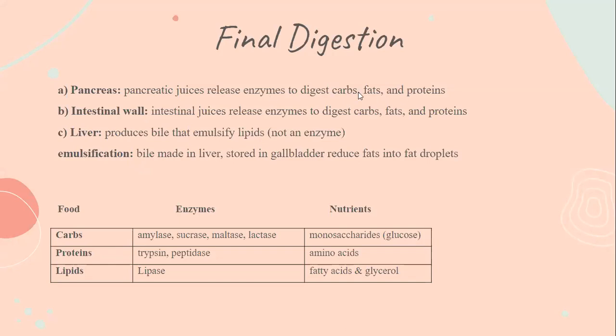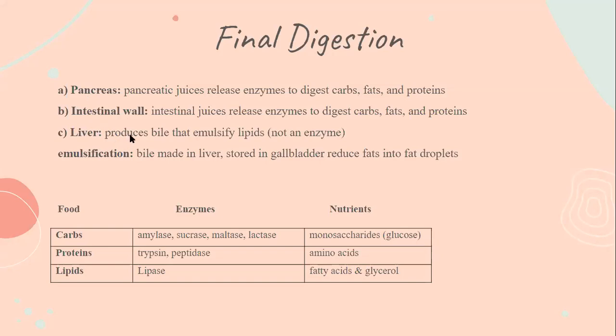The stomach already does this, but since this is final digestion, the pancreas helps break down whatever wasn't already broken down even further. In the walls of your small intestine, juices release enzymes to digest carbs, fats, and proteins. So the pancreas and the intestinal wall do the same thing.